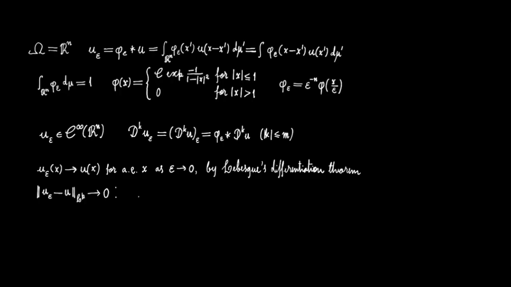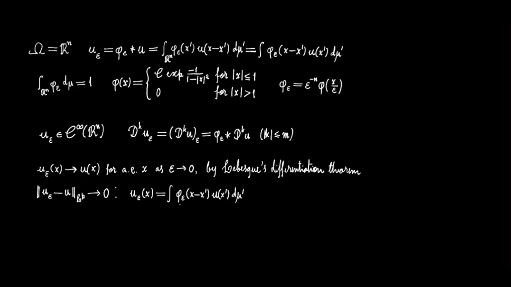And a good guess would be that u epsilon is dominated by u itself. And we'll see that this is indeed the case by a clever use of Hölder's theorem. Since u epsilon by definition is equal to the convolution of phi epsilon with u, we may attempt to apply Hölder's theorem here.